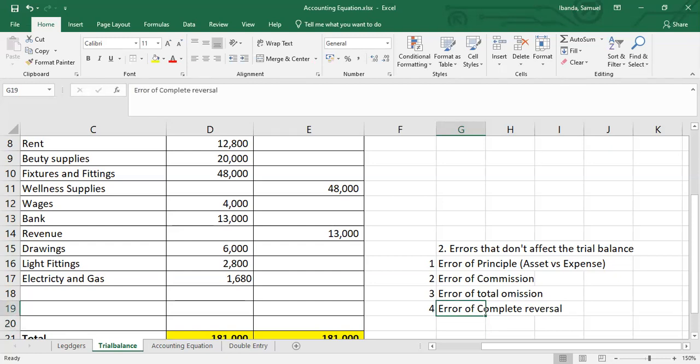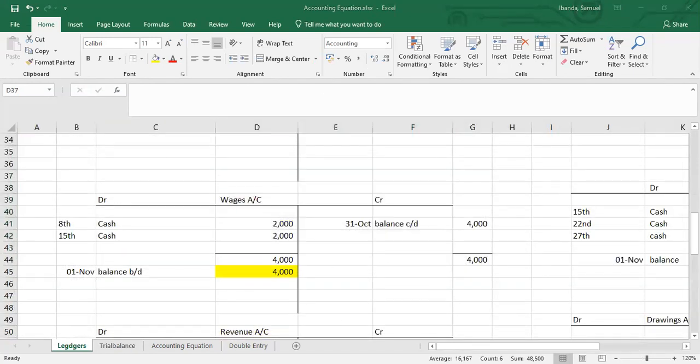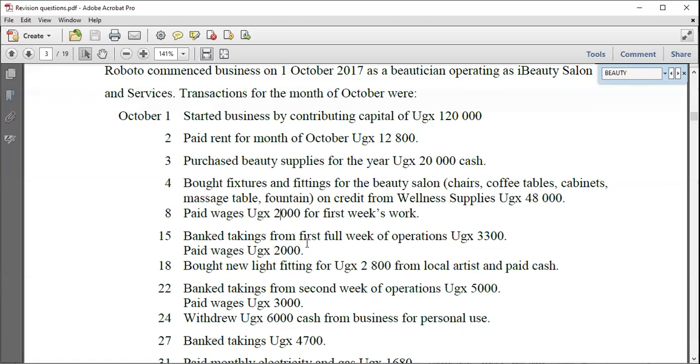Now, what happens with error of complete reversal, or error of complete reversal of entries? You can add the word entries. What would happen, for example, for one of our transactions here? I'll give you an example.